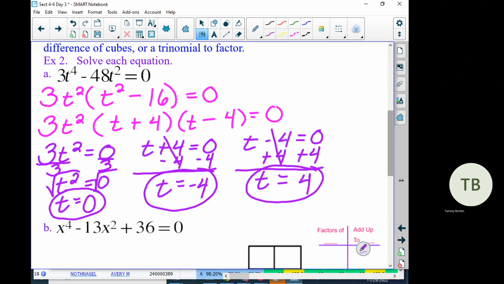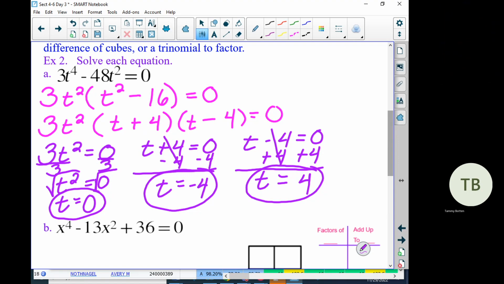Now, one thing I will tell you: if you have something equal to 0 that doesn't have a plus or a minus, like if it just said 4t equals 0 or 6t to the 3rd equals 0, that is always going to be 0. If it's equal to 0 and there's no plus or minus, that's always going to be 0.